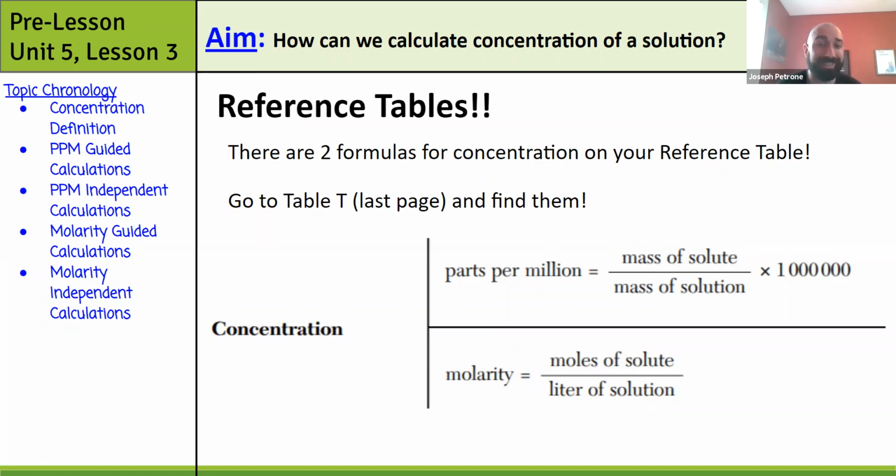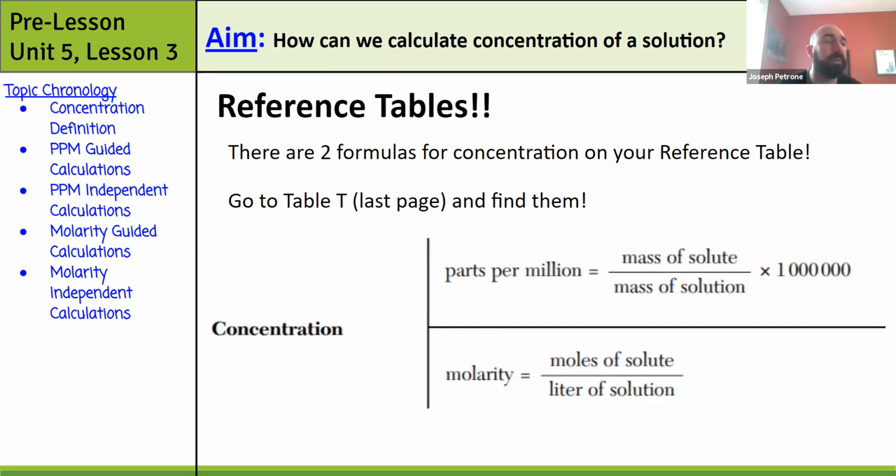And those are the two that we're going to look at today. So we're going to calculate concentration in terms of parts per million or in terms of molarity. So make sure you're able to spot those, circle them, highlight them, something like that, or write them into your notes. Okay. So now we're going to look at questions that relate to each of these two.